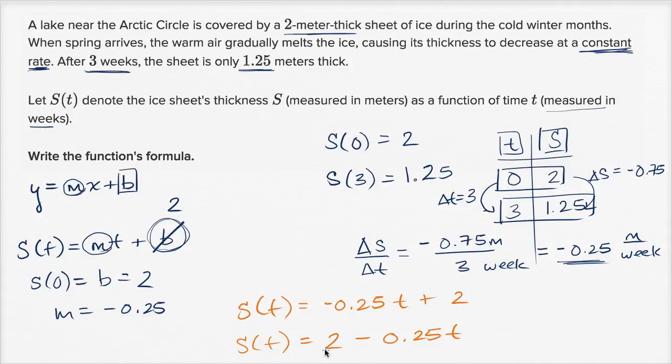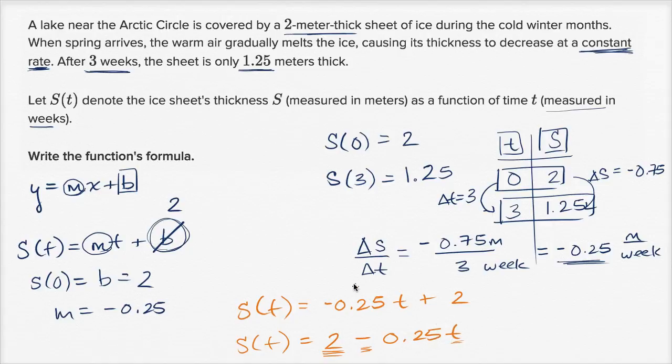When time is equal to 0, you're starting at 2 meters thick, and then every week that goes by, as t increases by 1, you're going to lose 1/4 of a meter. You have a negative value right over here, so you're going to lose 0.25 meters.